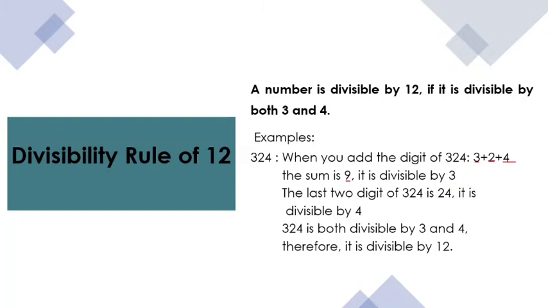It is divisible by 3. The last two digits of 324 are 24. It is divisible by 4. 324 is both divisible by 3 and 4. Therefore, it is divisible by 12.